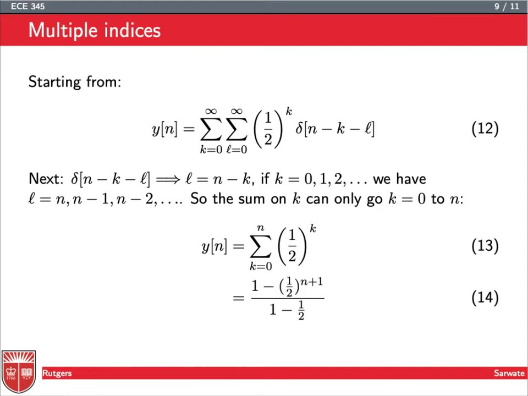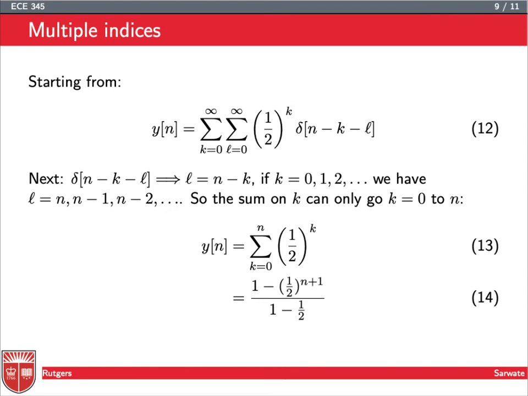So let's look at y[n]. We have to look at this other delta function, this other Kronecker delta function. Now that's equal to 0 when n minus k minus l is not equal to 0. Or put the other way, this thing is equal to 1 when n minus k minus l is equal to 0.